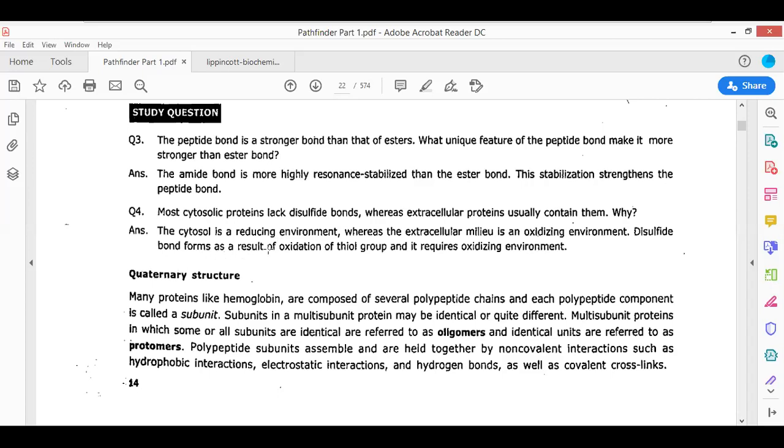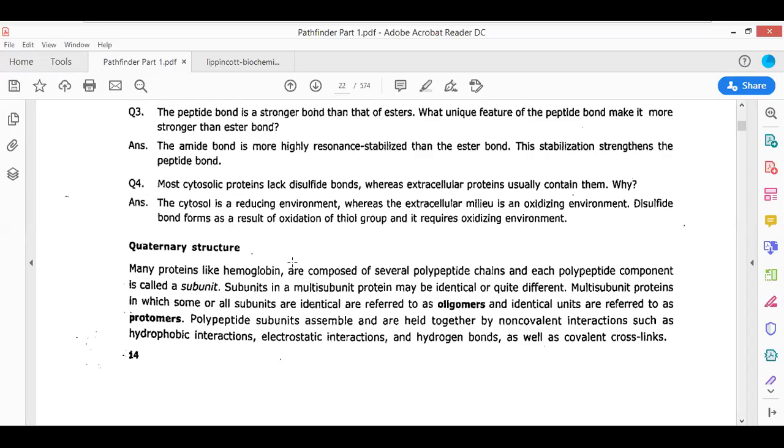Disulfide bonds form as a result of oxidation of the thiol group, and it requires an oxidizing environment for the formation of these bonds. This oxidizing environment is always present outside the cell.